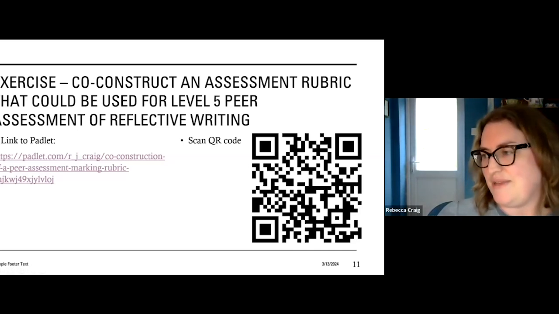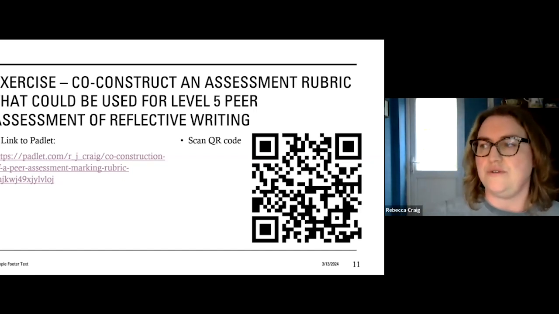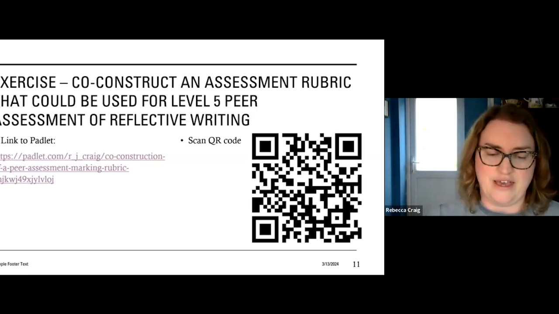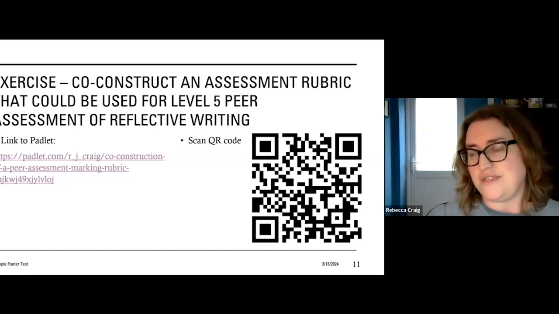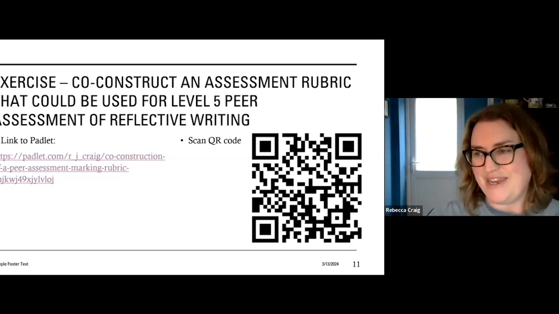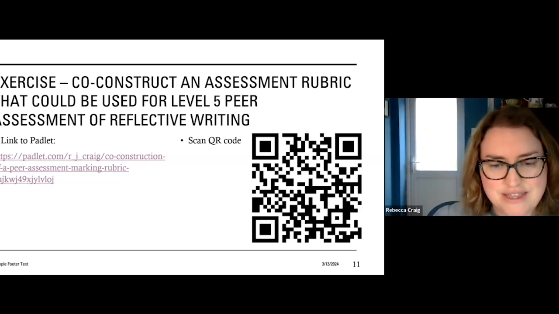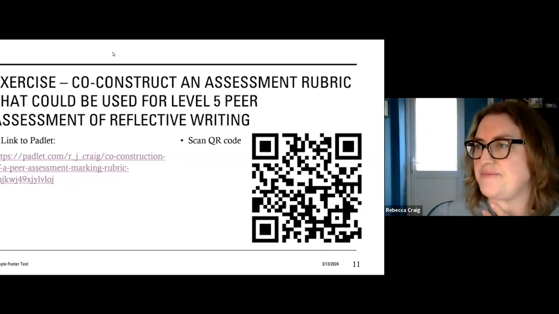If you can add any comments that you think would be important to include in an assessment rubric for a level 5 assessment of a reflective writing piece, roughly around 500 words, so usually quite short pieces of reflection using a reflective model, have a go at adding a comment to the rubric. I did add the link to the chat box as well.